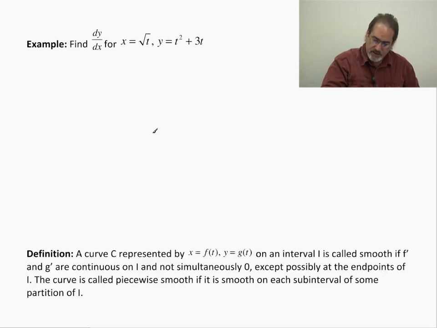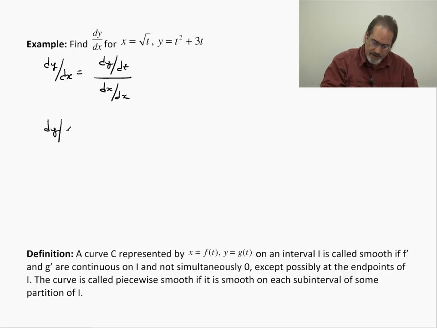Okay, let's take a look at x equals root t and y equals t squared plus 3t. And what I want to do is find the derivative dy/dx. I know that dy/dx will be dy/dt over dx/dt.